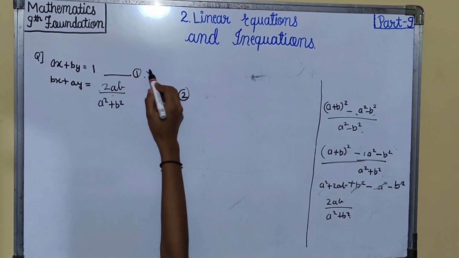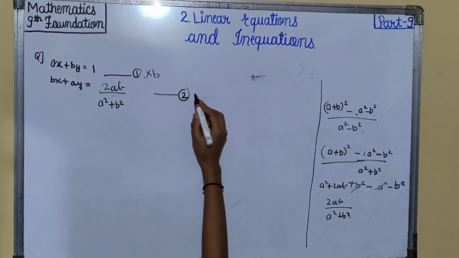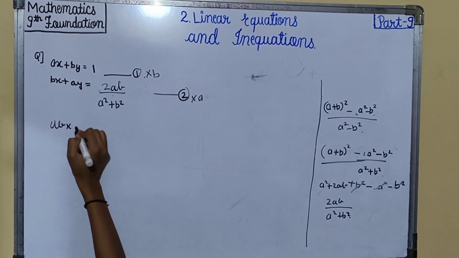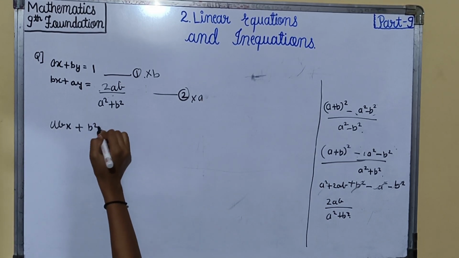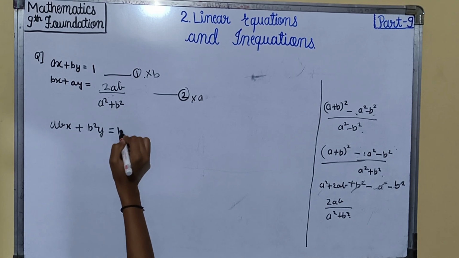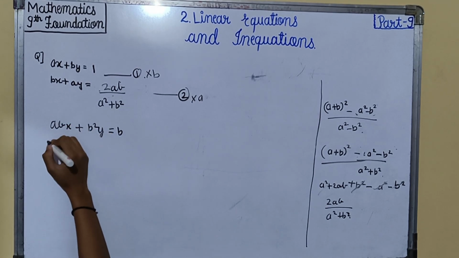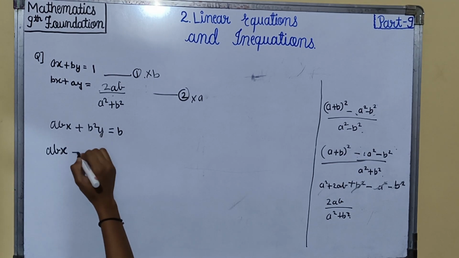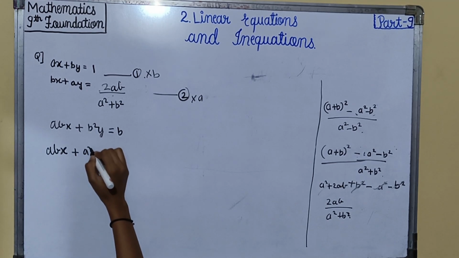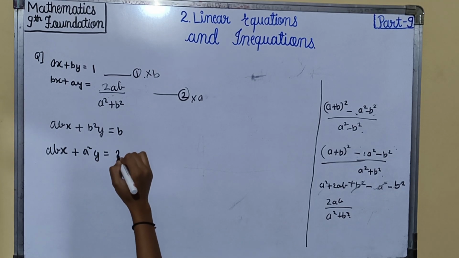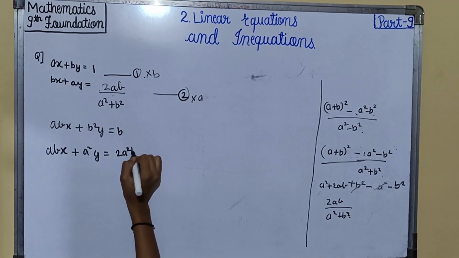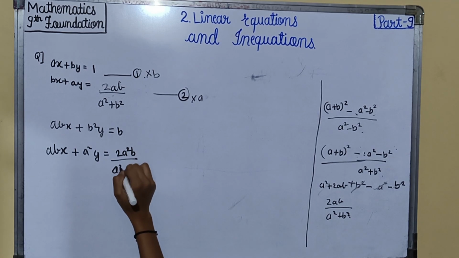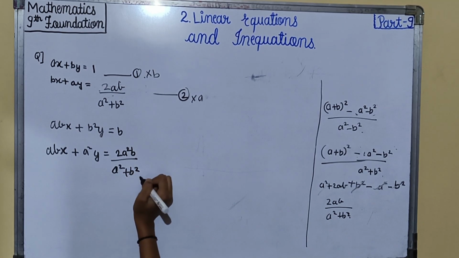We'll multiply b with the first equation and a with the second equation. So we'll get abx plus b square y is equal to b. Then we'll get abx plus a square y is equal to 2a square b upon a square plus b square.